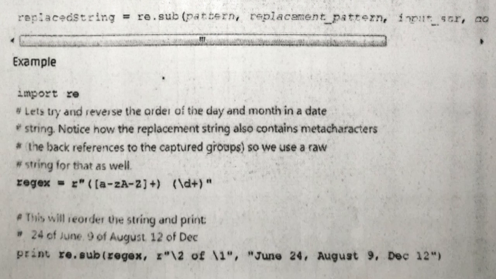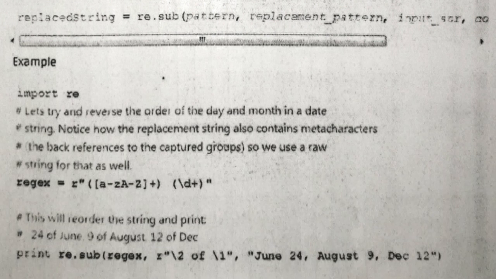Then the second parameter for sub is the replacement pattern. For the replacement pattern, r within round brackets and double quotes, we have provided \2 of \1. \2 means group 2, and what is group 2 from the regex? The \d in the round bracket, so \2 is the digits group. It will display the digits first.